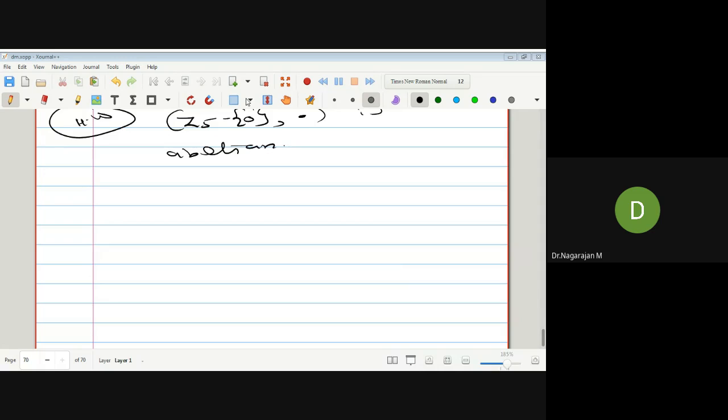Next, I move to the next concept, a very easy idea: generator. Generator means, suppose I take an example. What are the elements here? 0, 2, 4, 6, and so on.